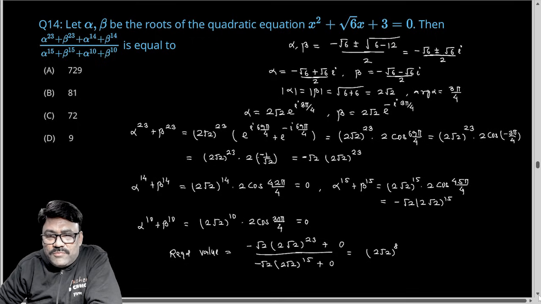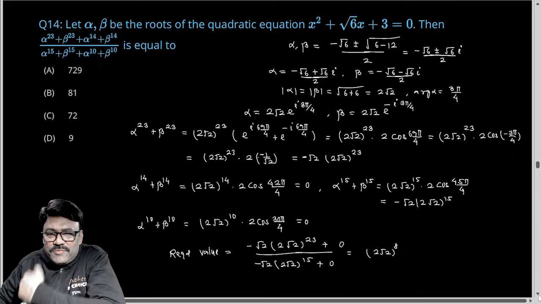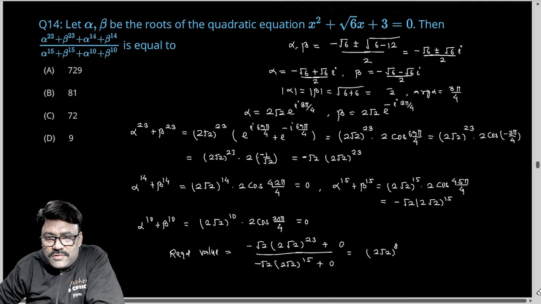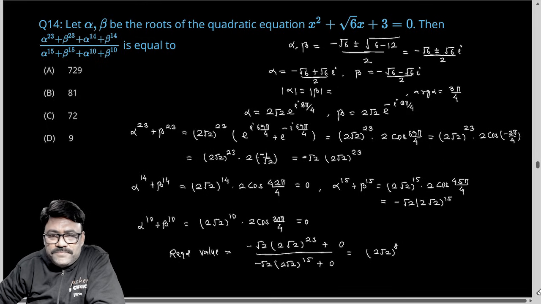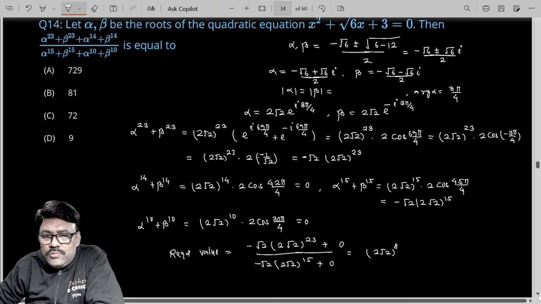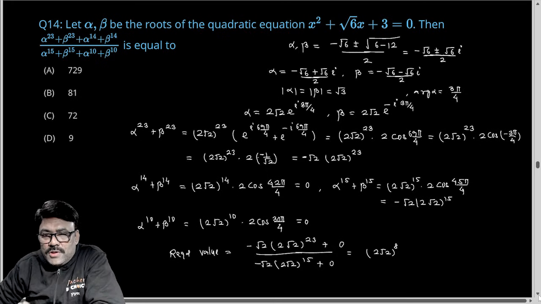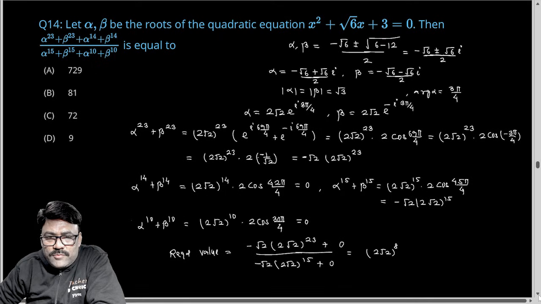So now if I check the modulus, mod alpha, mod beta will actually be root 12 by 2. Root 12 by 2 is root 3 actually. Root 3 here. So now mod alpha, mod beta is root 3.